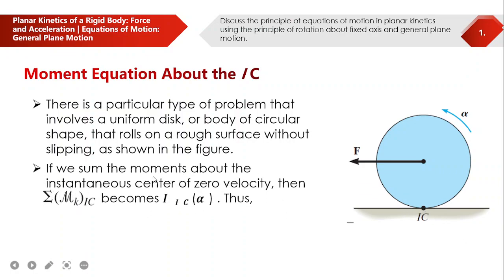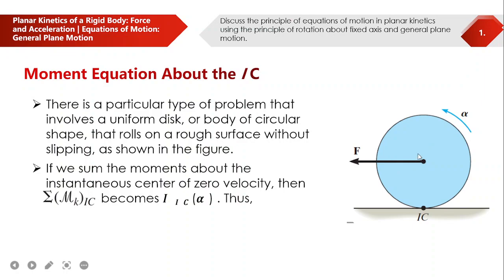Okay? So, if we sum the moments about the instantaneous center of zero velocity, then the summation of all the kinetic moments at point IC becomes I sub IC times alpha. Diba? Ito lang naman yung moment na kailangan natin consider dito, which is yung angular acceleration tas yung moment of inertia mismo sa disk natin or itong circular shape na to.